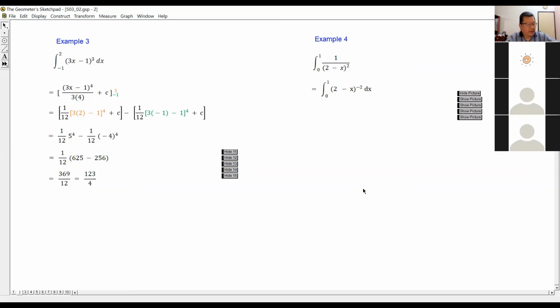At the bottom we can bring it up to the top, it becomes -2. Can you still remember how to integrate this straight away? Anyone? -2 becomes what? -1. Yes. Then you divide by? -1.